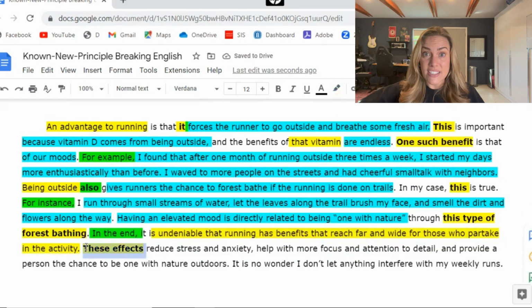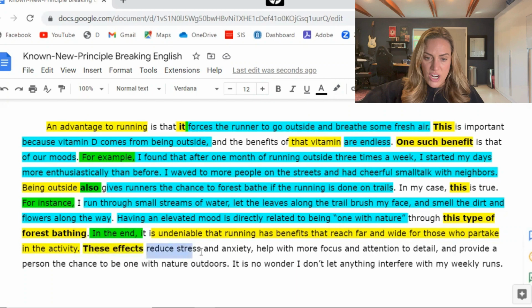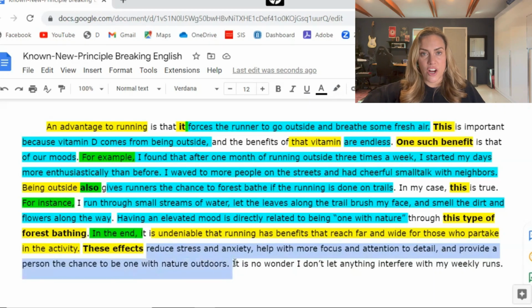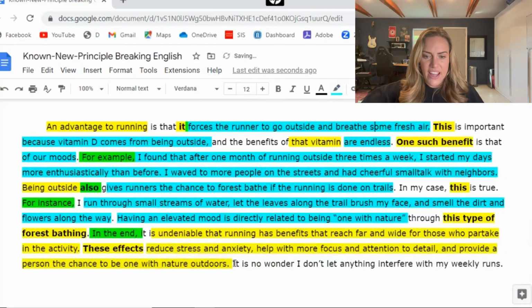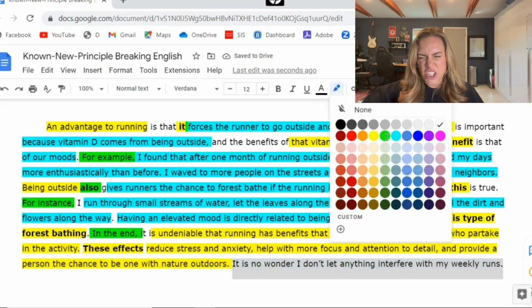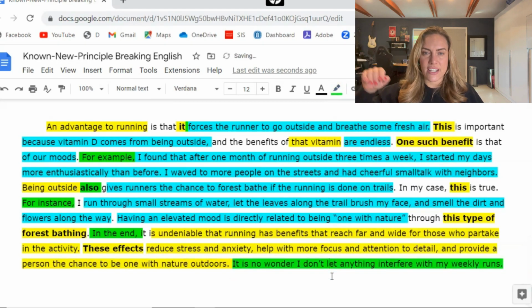These effects, now I'm just repeating what I just said, these effects reduce stress and anxiety, help with more focus and attention to detail, and provide a person with the chance to be one with nature outdoors. So even though we already know this information, it's nice that there is that coherent element. It is no wonder I don't let anything interfere with my runs. Okay, new information. I'm just going to make it green because that's the conclusion.